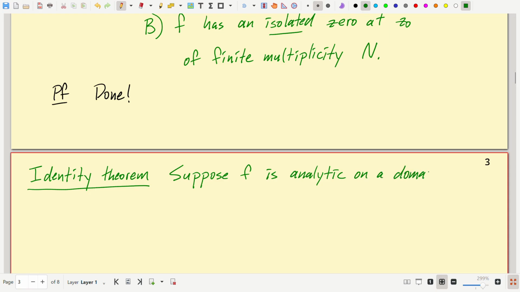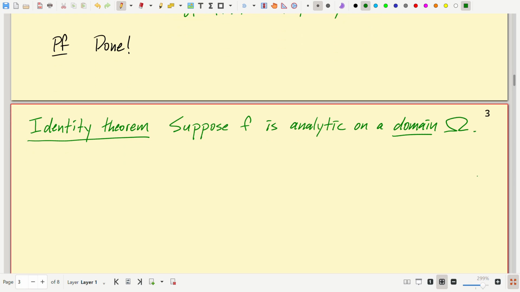It's got to be a domain. And let Z sub f be the zero set of f. Let Z sub f equal the set of all zeros. So I'll call that the zero set of f.